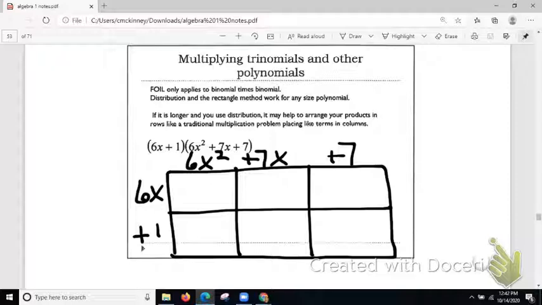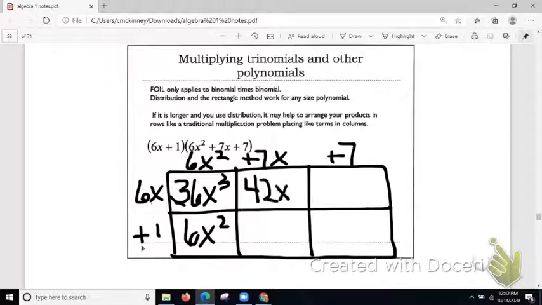So 6x times 6x squared is what's going to go in this first box. So there's 36x cubed. 6x squared times 1 would be down here. 6x times 7x. 1 times 7x. 6x times 7. And 1 times 7.